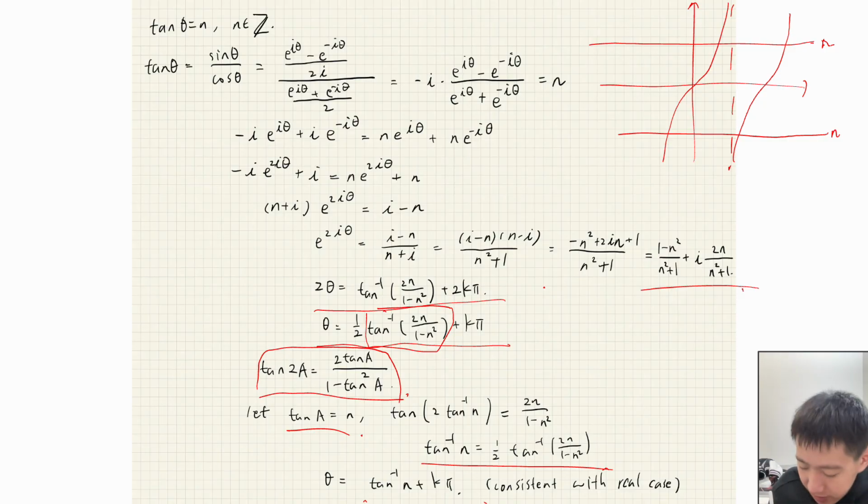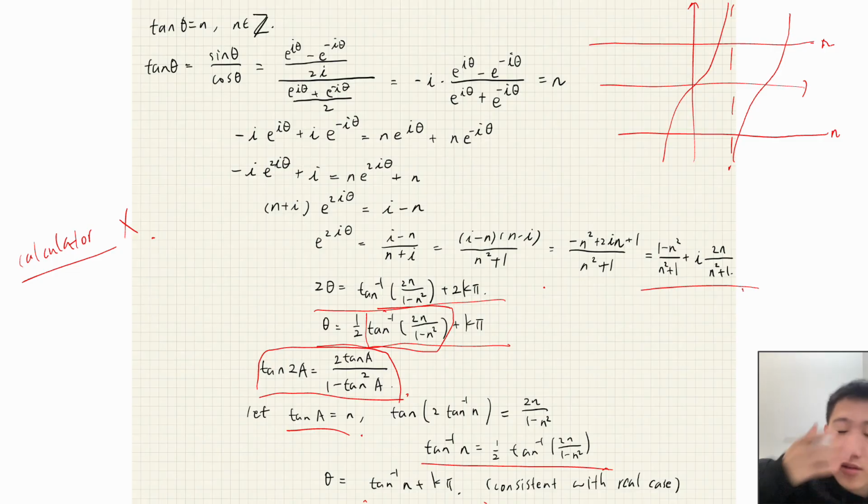So what we verified here is that you can have a complex solution for sin x and cos x, and probably not for tan x. So for this question, you cannot use a calculator, because even though they have the complex function, you can't do it.